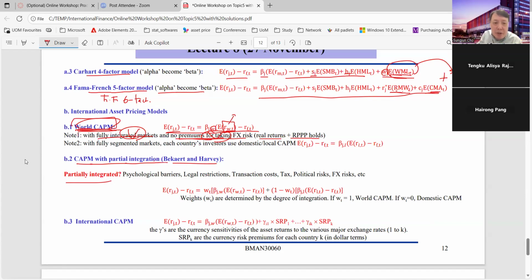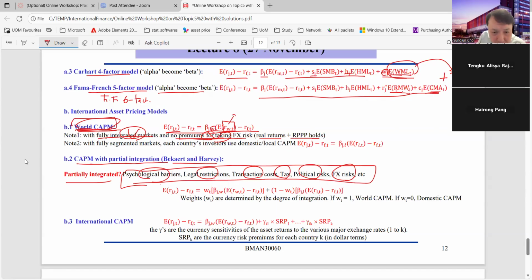You're not familiar with their culture, their language, their reports. So there is a psychological barrier, or sometimes because of legal restrictions, you cannot invest in the international market. Sometimes you are worried about high transaction costs, or about higher taxes you have to pay. You are worried about political risk, especially if you invest in emerging markets. And you also worry about currency risk. Because of these kinds of reasons, markets may not be fully integrated.